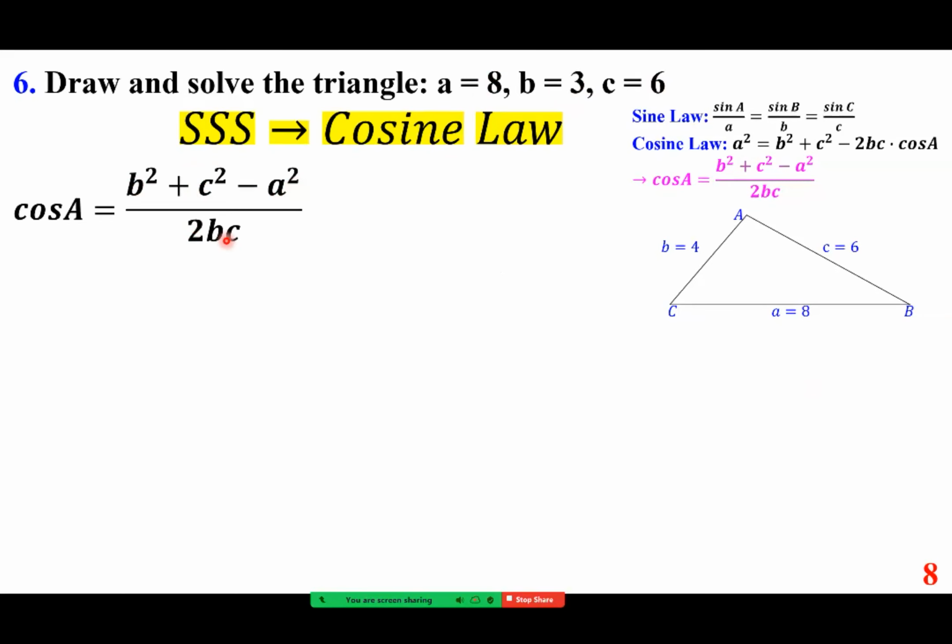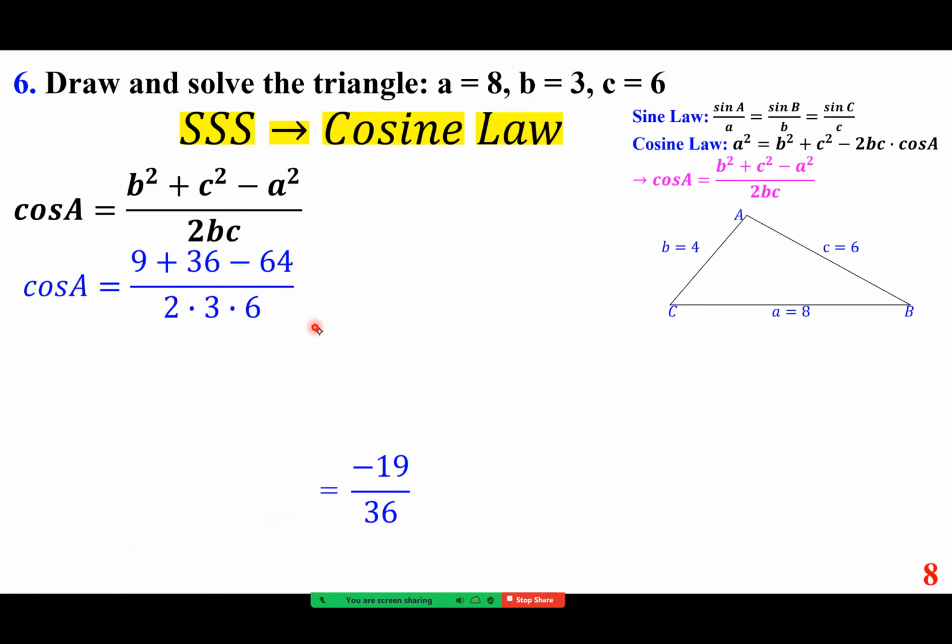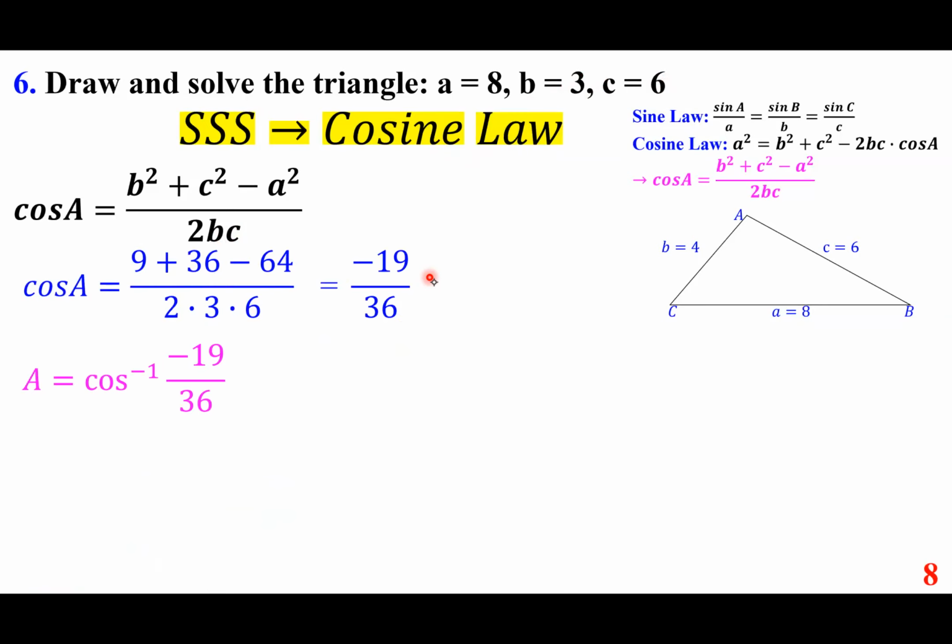And the bottom is 2 times 3 times 6. 9 and 36, 45, minus 64 is negative 19. 2 times 3 times 6 is 36. Therefore, A is cosine inverse of this number. Remember, cosine goes from 0 to pi as far as the inverse function is concerned. So it gives us 121.86 degrees.